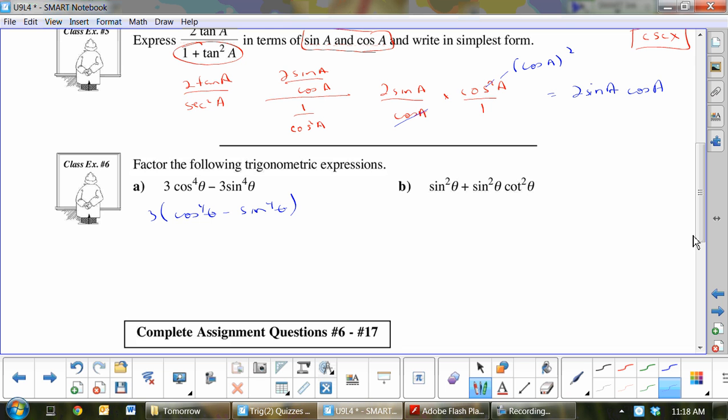It is a difference of squares, right? When you have x to the 4 minus y to the 4, that's a difference of squares. So this is 3 times cos squared theta minus sine squared theta times cos squared theta plus sine squared theta.